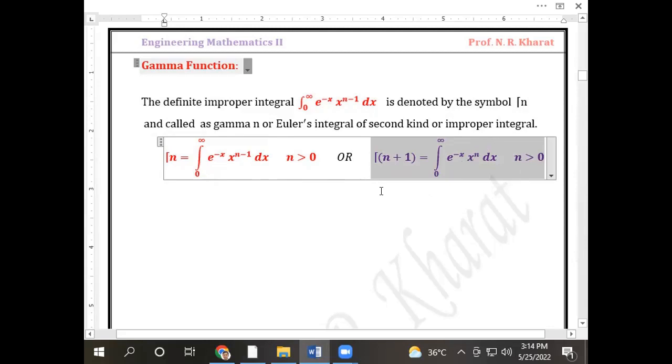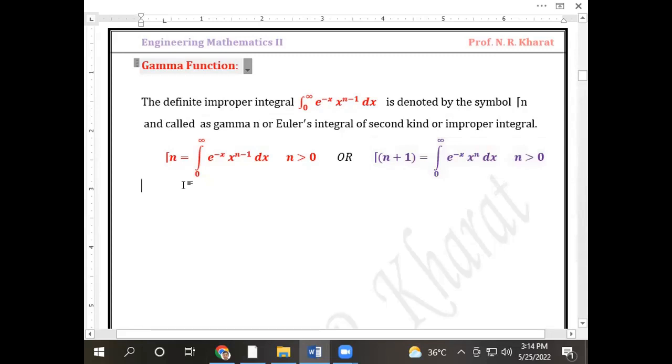So we get the new definition of the gamma function: gamma of n plus 1 is equal to the integration from 0 to infinity of e raised to minus x, x raised to n dx, where the value of n is greater than 0. So this is the definition of the gamma function.